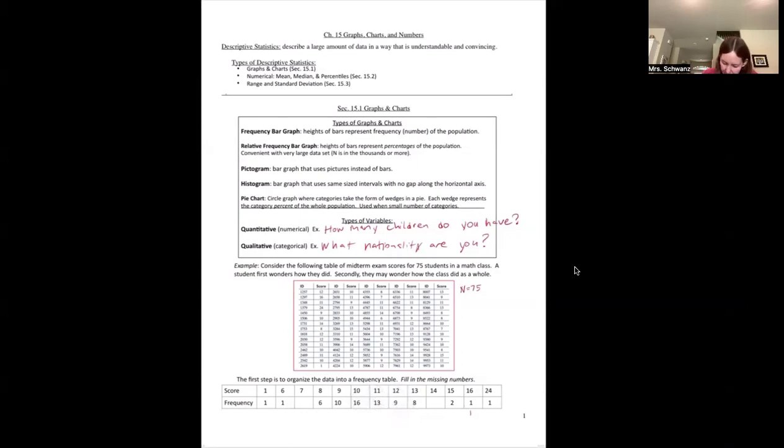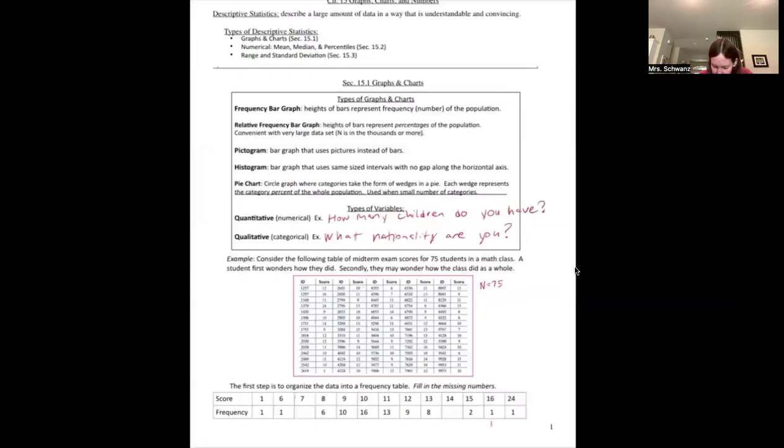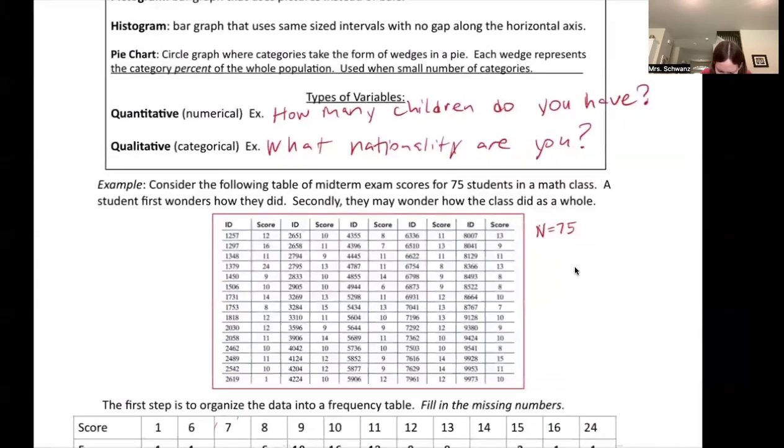We can do that right now for the number of people that have 7. It says fill in the missing numbers, so they want us to go to the chart and find out how many people had a score of 7. I look at the scores and I'm looking for the number 7. Well, there's one right here. So that's 1. Two.